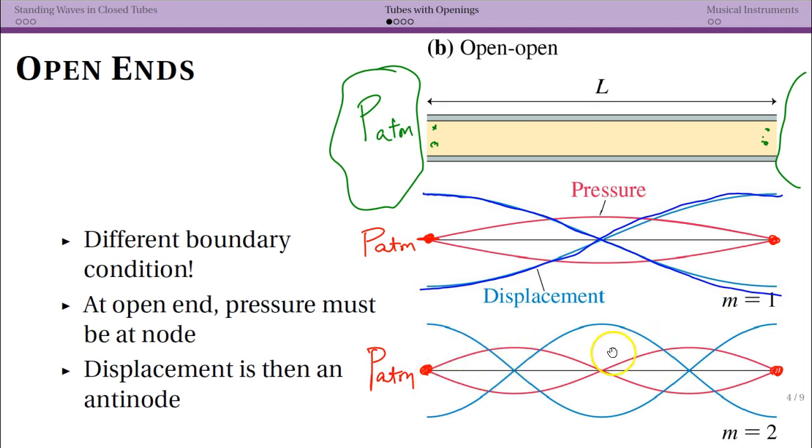And so you can trace out what your pressure curve is, and then from going from nodes to antinodes, you trace out what your displacement curve would be. So hopefully that makes sense. Physically, the way to get the boundary condition here is to think about pressure, but then to plot what displacement is, you use that exchange of going between nodes and antinodes. You can think about that as a derivative, sine to cosine, however you find that easiest to think about.